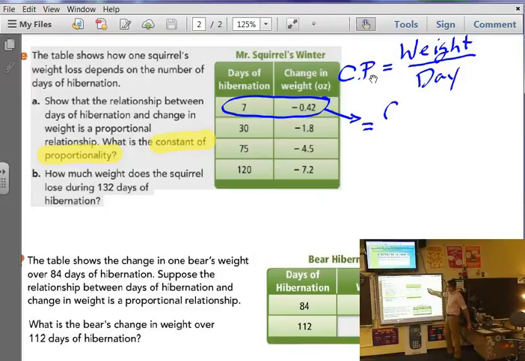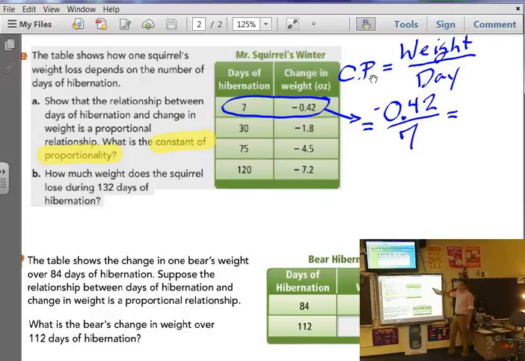I have negative 42 hundredths over 7. Now anytime we're working with decimals, you can make your life easier by ignoring the decimal for a minute. Is 42 divisible by 7? Yes. Andrew, how's it divisible? It's divisible by 7, so 6.